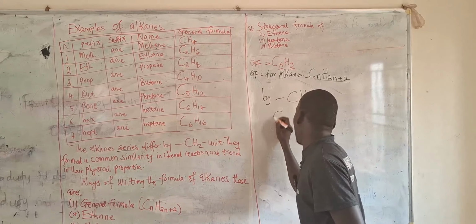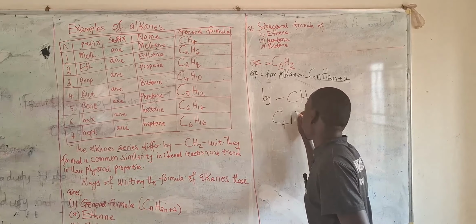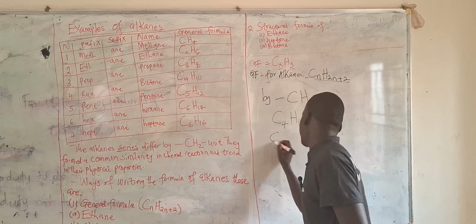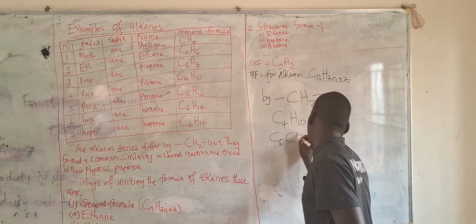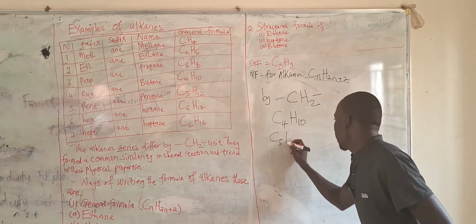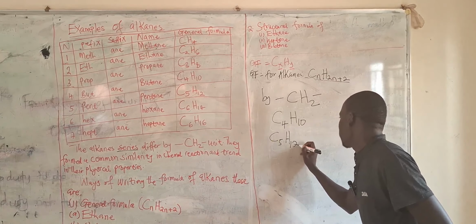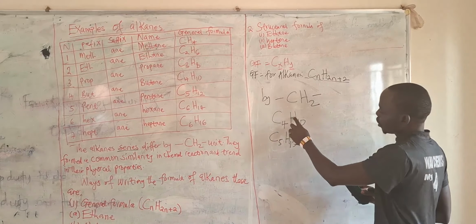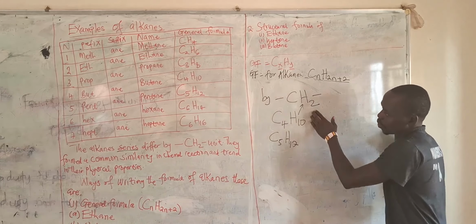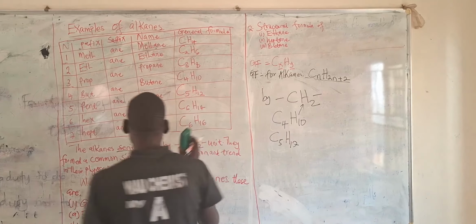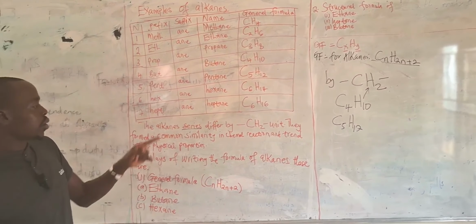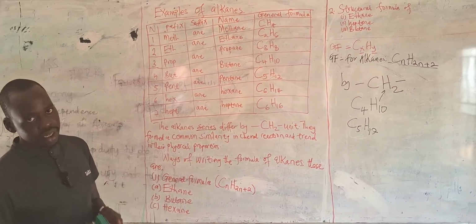Because here I have C4H10, and then C5H12. When you look critically, the difference between these two is only CH2. That's the unit we are talking about. These similarities can bring similarity in chemical reactions, which we're going to talk about, and also a trend in the physical properties.